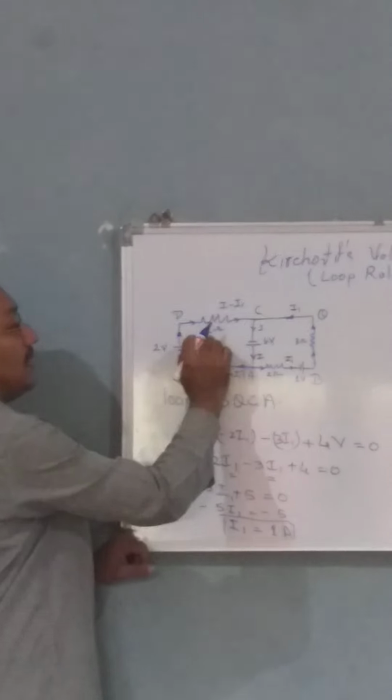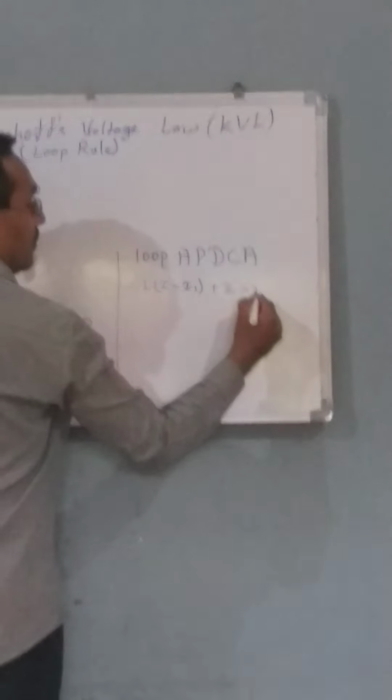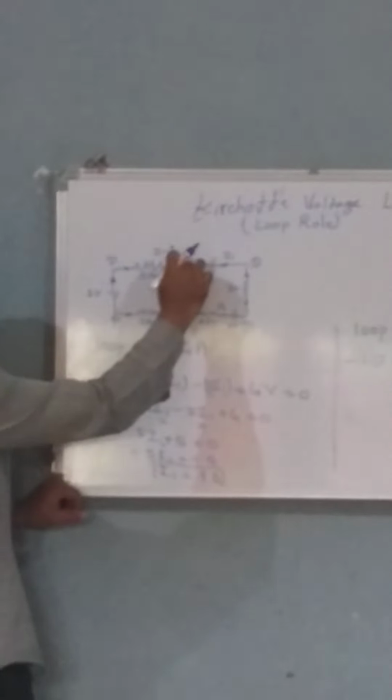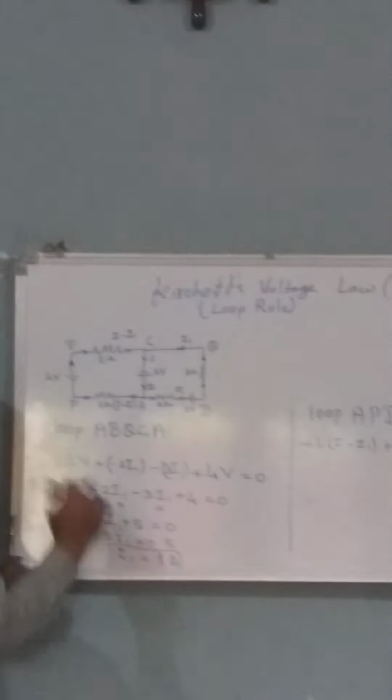So we will take minus 2 into I minus I1. We are going ahead from C to A. Again there is rising potential, so that will be plus 4, and that will be equal to 0.